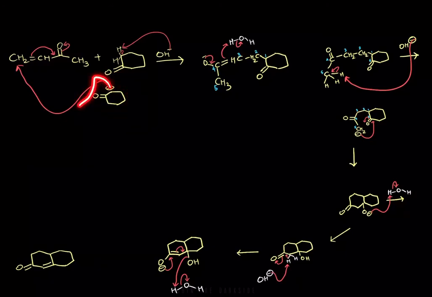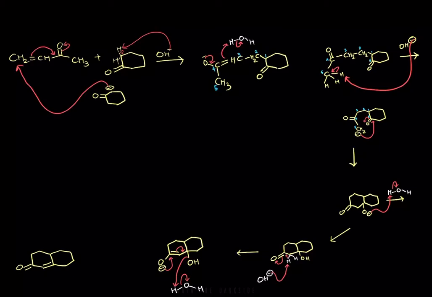Once the enolate ion is formed, it attacks the electrophilic carbon on the alpha-beta unsaturated carbonyl compound, the double bond breaks, and the electrons are thrust onto oxygen.